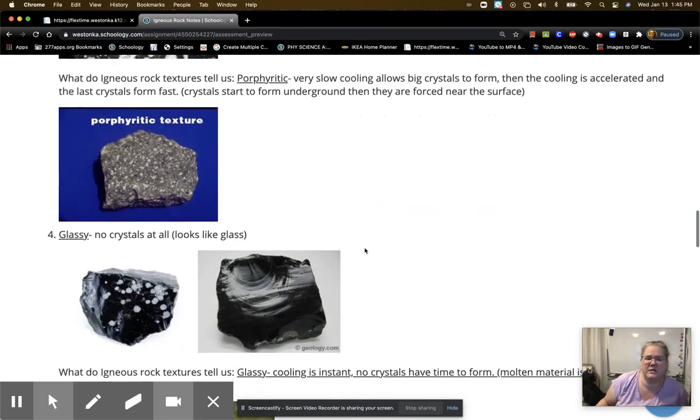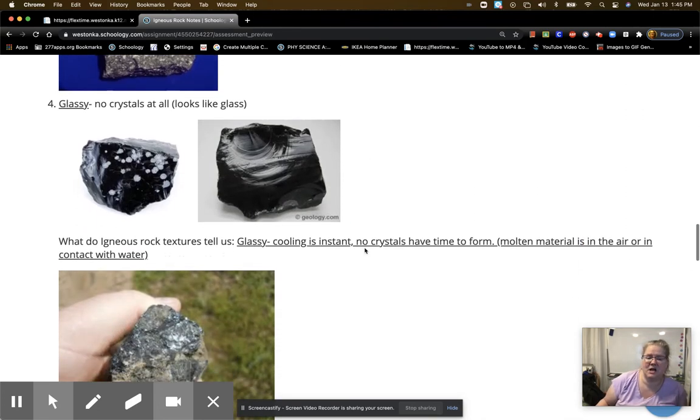Two different cooling times. The next two we're going to talk about are instantaneous cooling, and one ends up being glass and one ends up being something you scrape your feet with. So, by the way, do not scrape your feet with obsidian because it's glass and it would cut you, so don't confuse the two. So, glassy is cooled instantaneously.